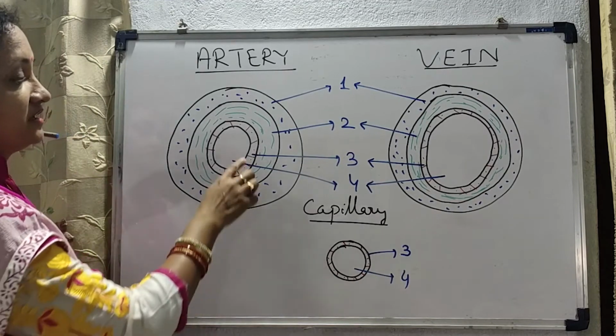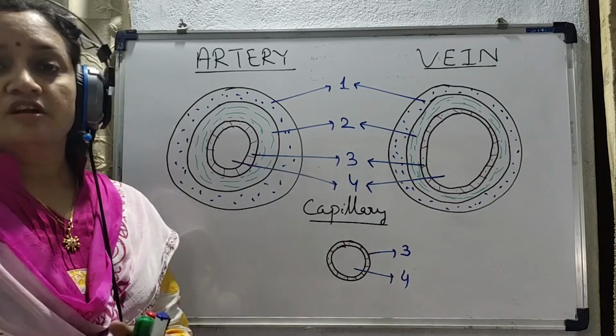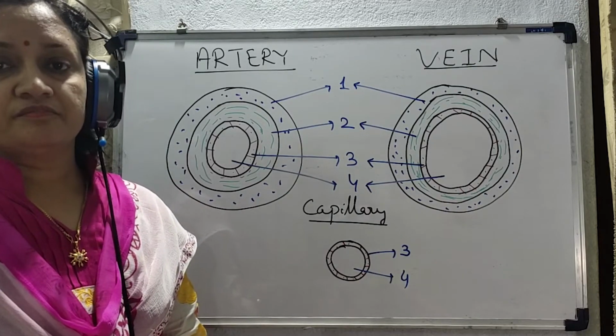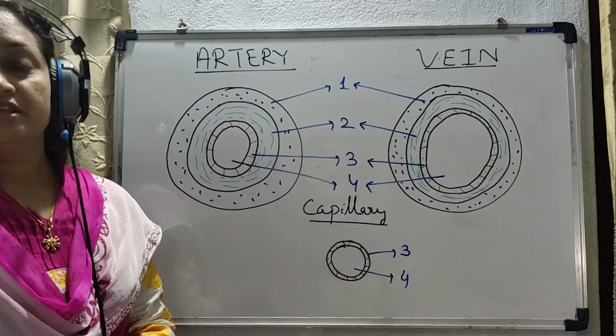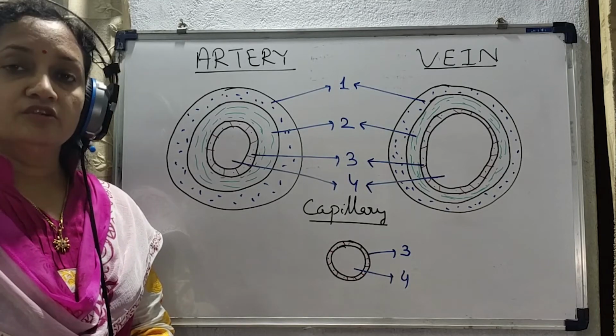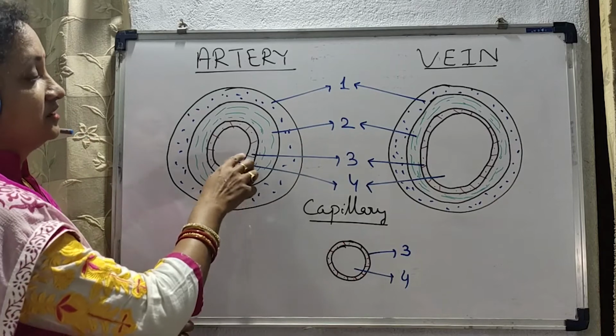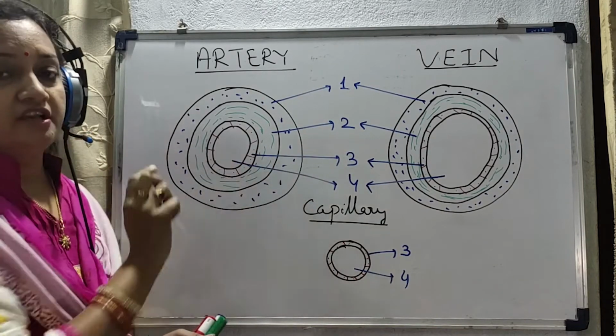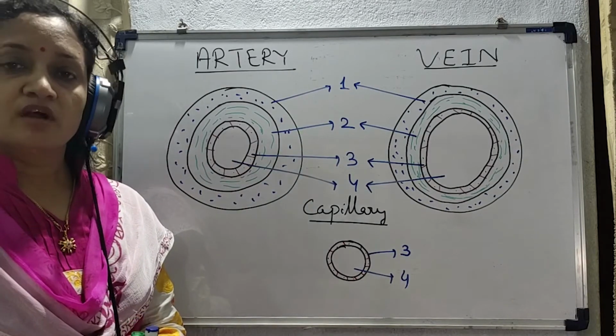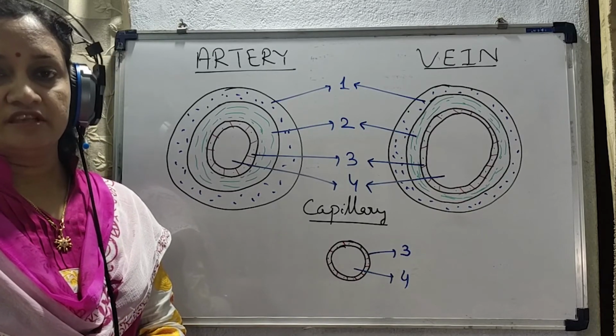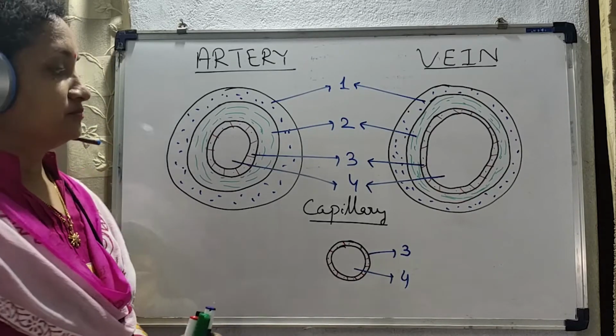And the innermost layer, number 3, is composed of epithelial tissue. Remember, when epithelial tissue lines any hollow body organ, it is called endothelium. So here the innermost layer is made up of epithelial tissue, mostly thin squamous epithelium, and it is called endothelium.